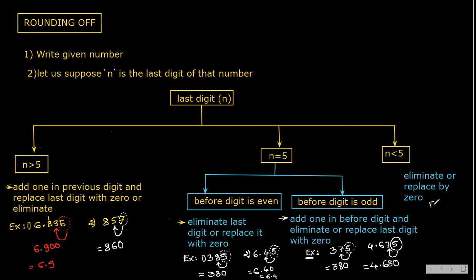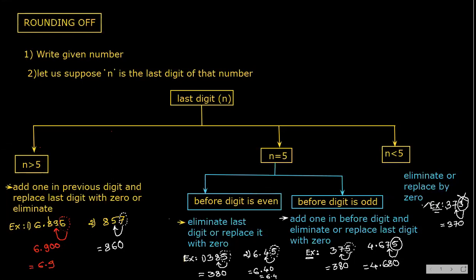Let me take an example. See the example 373. Now this last digit, you see, is less than 5. So if it is less than 5, then what to do? Just eliminate this number or just replace it with 0. So 373 is very near to 370. Okay.